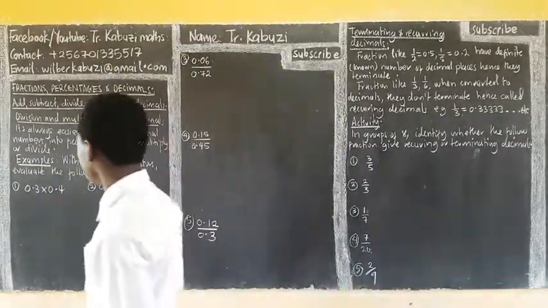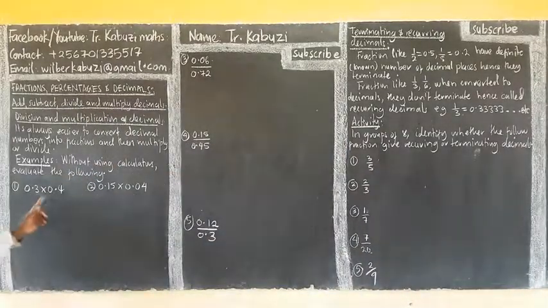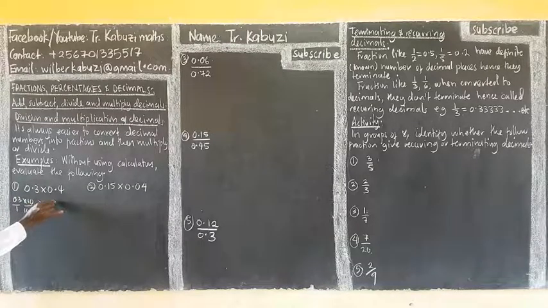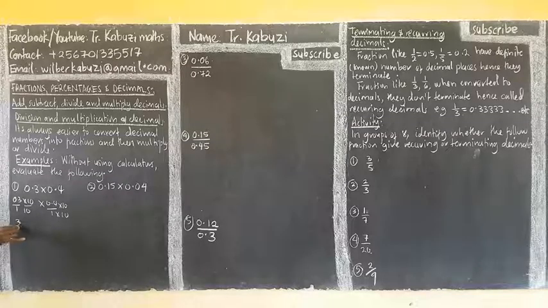So remember, we saw how we convert this and this to fractions. So you get 0.3 over 1. We have one decimal place, so we multiply up and down by 10. This will give us 3 over 10, then this will give us 4 over 10.